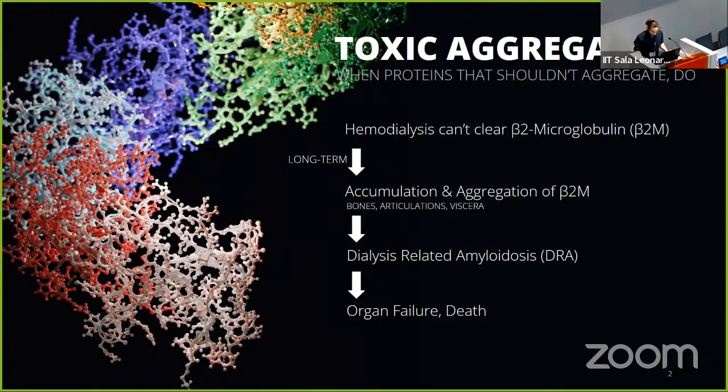In this last case, the accumulation and aggregation of beta-2 microglobulin will lead to a number of problems and conditions in patients undergoing long-term hemodialysis, since this procedure is not able to clear it from the plasma. That will ultimately result in organ failure and even death.